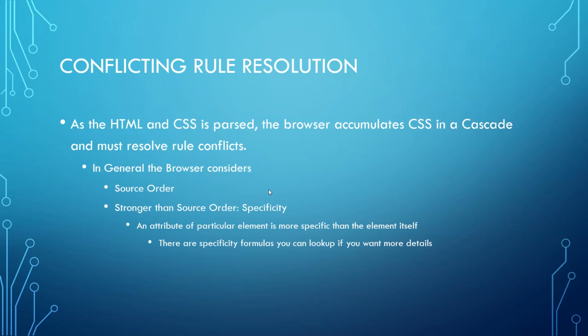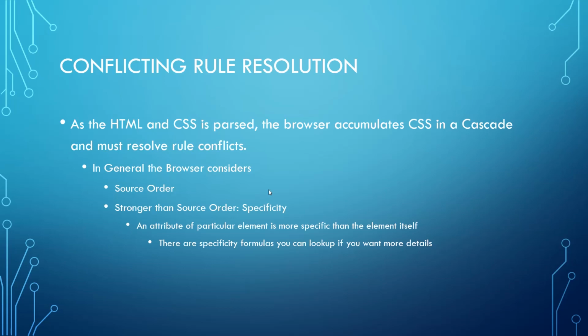So if you have a tag with a style attribute, that's the closest. Right? There's no getting closer than that, and so that would be the source order, specifically that. Okay. If it has an internal style sheet right above the tag element, that's also very close to the element. So simple order as it evaluates the CSS.